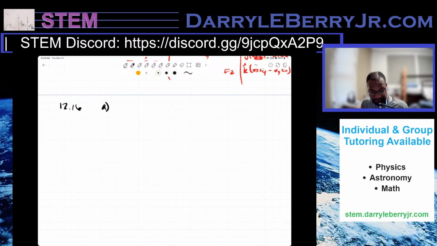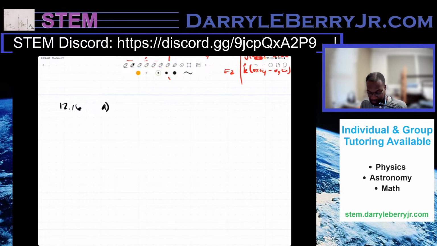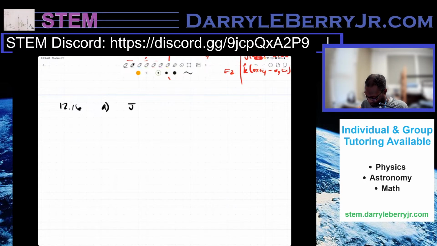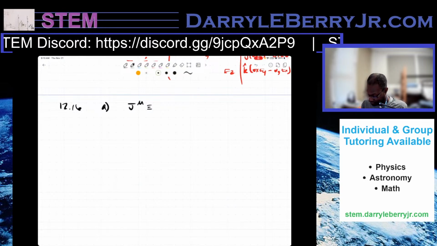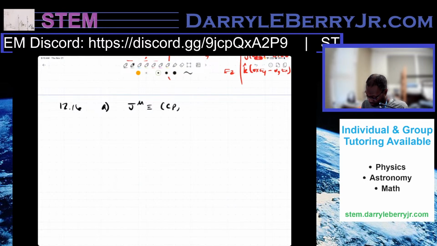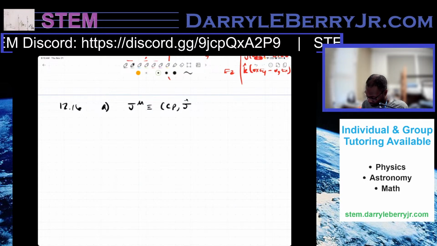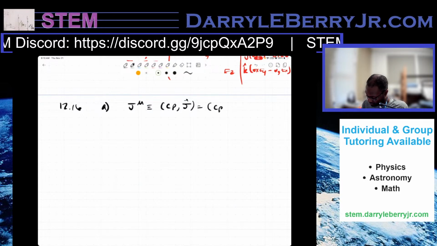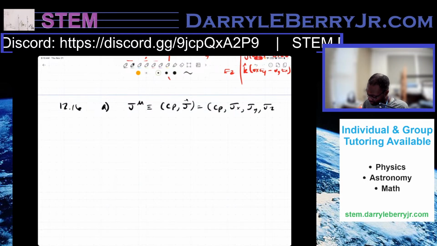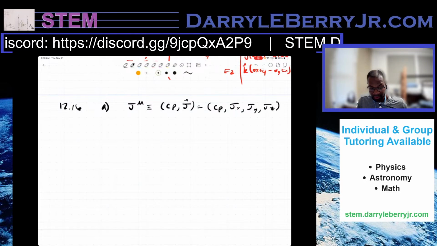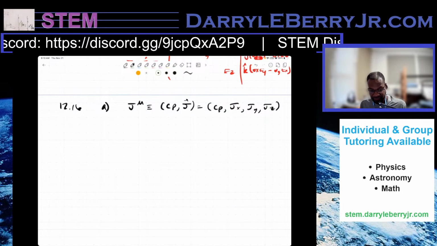And A says from the requirement that we have a Lorentz vector in the form of cρ, J, which equals cρ, Jx, Jy, Jz, determine the Lorentz transformation of ρ and J.